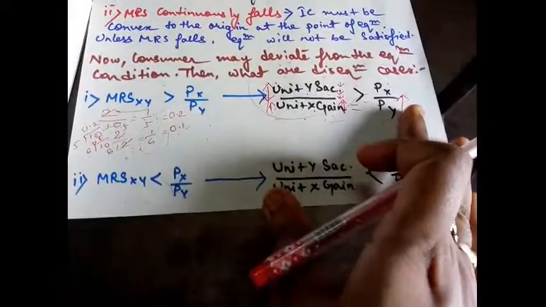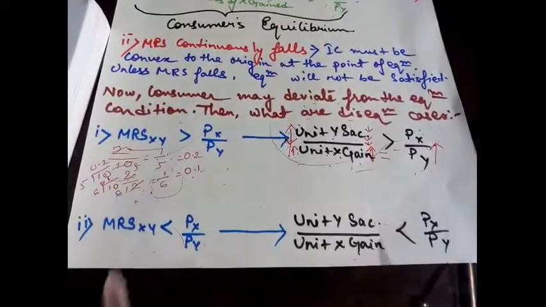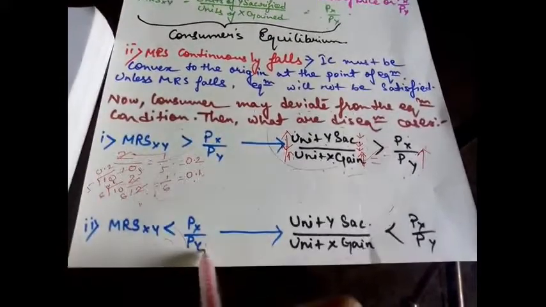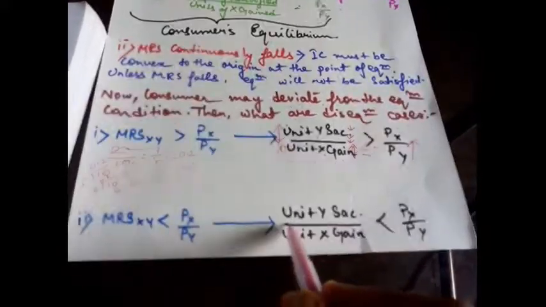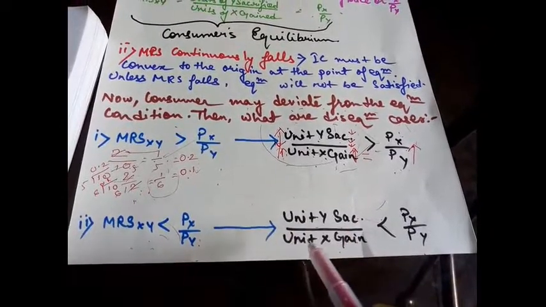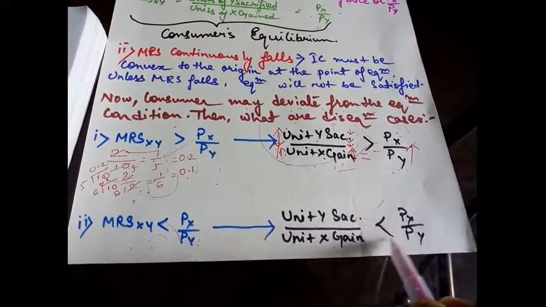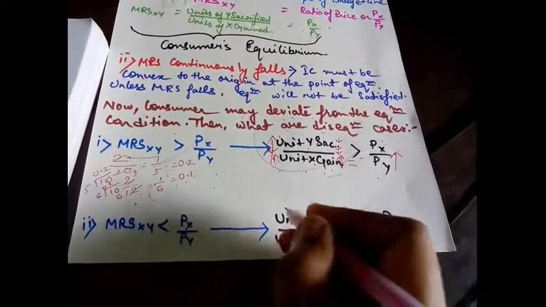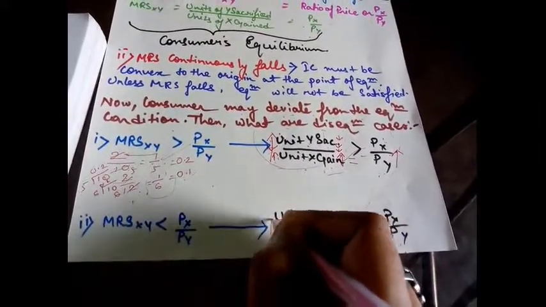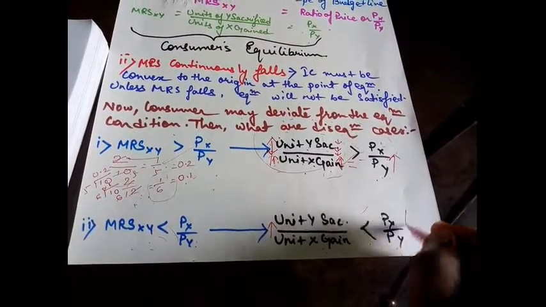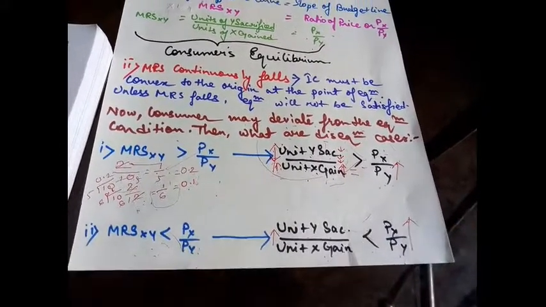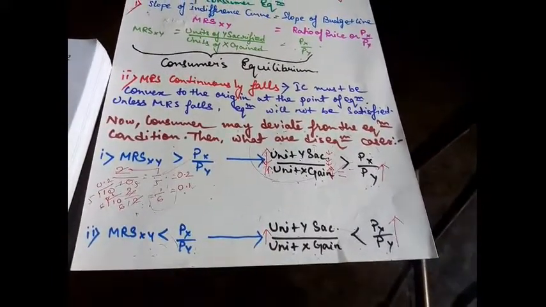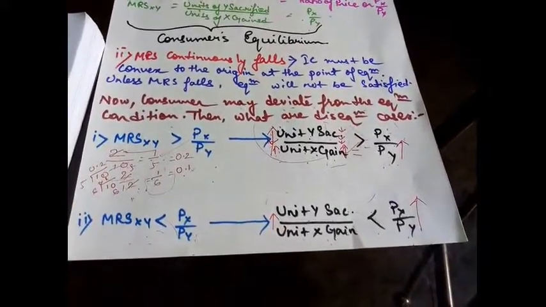Then coming to the next portion. MRS of XY is less than PX by PY. What is it telling? Unit Y sacrificed for unit X gained is less than PX by PY. Now this left hand side portion is less and right hand side portion is more. What will I do? I have to increase this left hand side. How can I increase this left hand side?